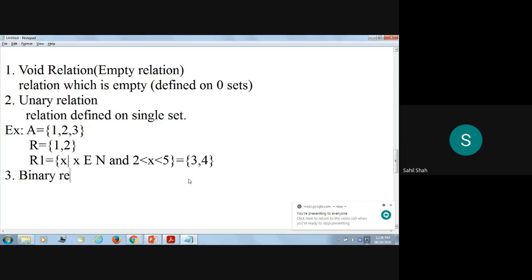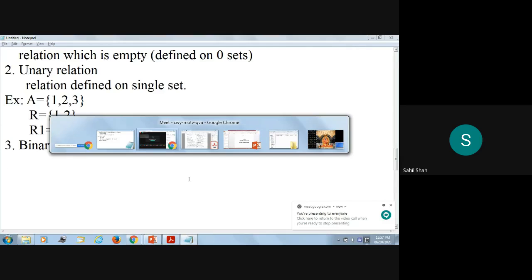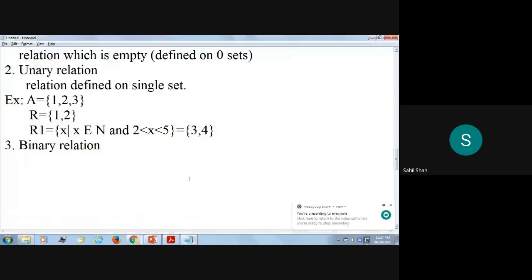Now I expect answers from your side about binary relation, the core part of unit number 2, relations and functions. What do you mean by binary relation? What is a binary relation? Can you tell me?